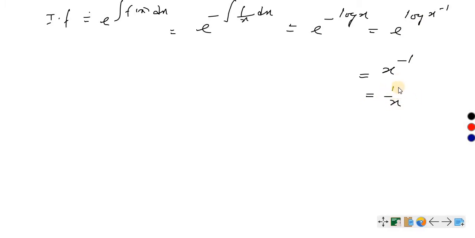Now I can reduce the non-exact equation which I have got as the quotient into an exact equation simply by multiplying that equation with this integrating factor.